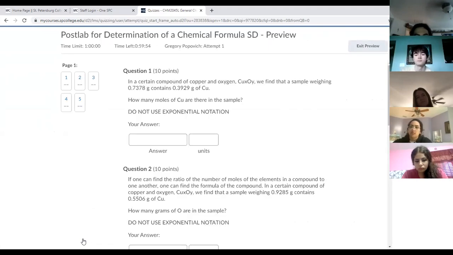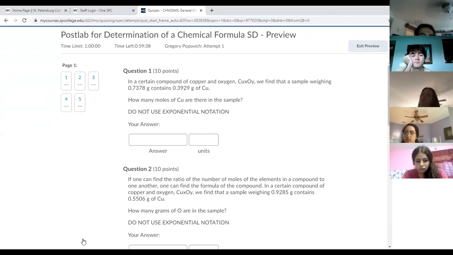A certain compound contains copper and oxygen. We find that a sample weighing 0.7378 contains 0.3929 grams of copper. How many moles of copper are there in the sample? Second question.